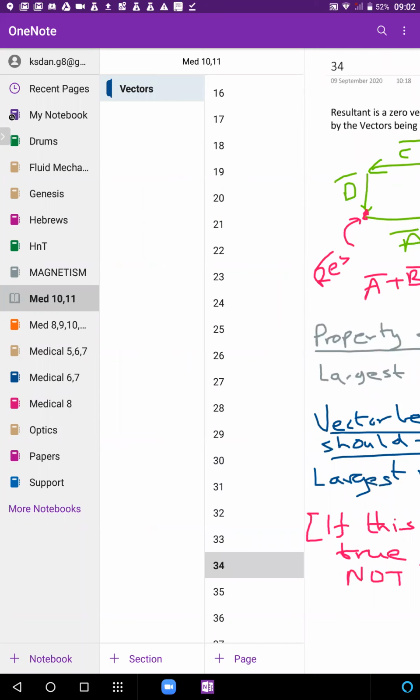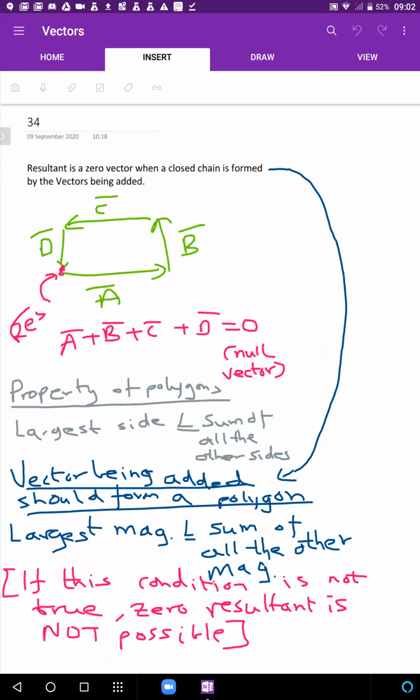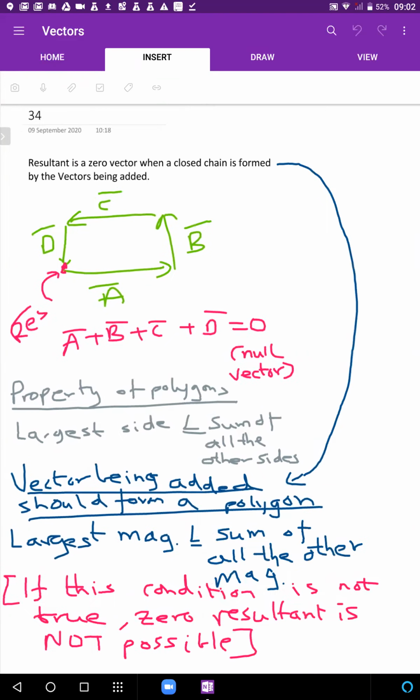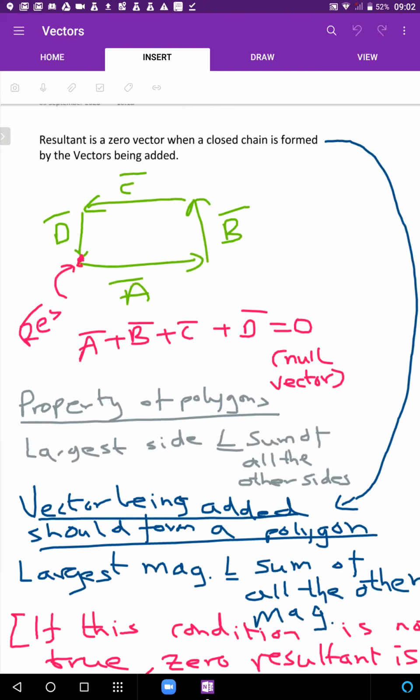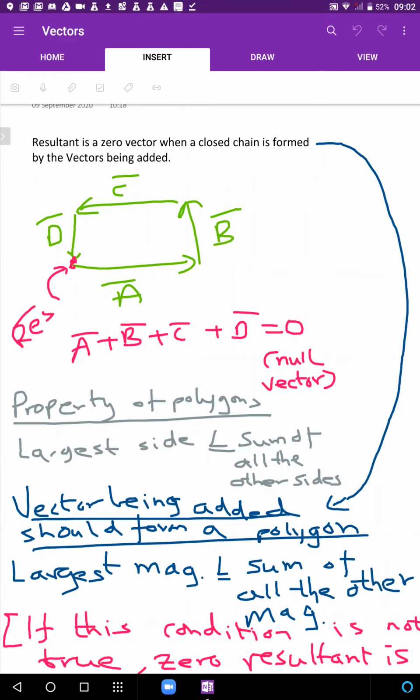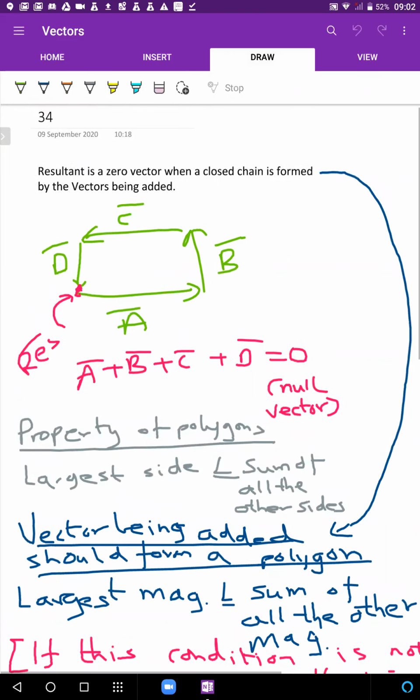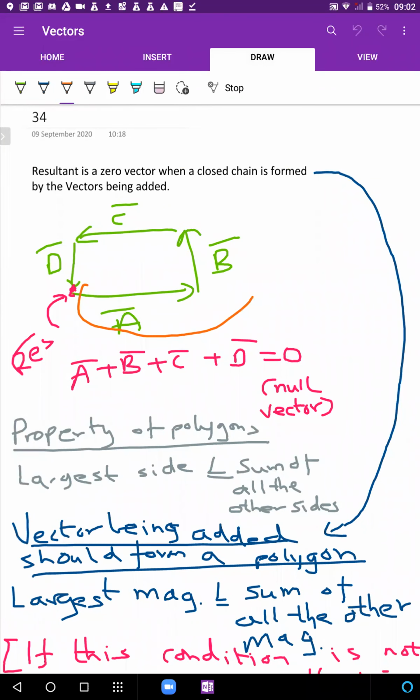All right. Now coming to this, so I hope you guys were done with that. So now, resultant is a zero vector, as I mentioned, when a closed chain is formed by the vectors added. For instance, in this diagram, while adding A, B, C, and D, look at this, सब सेम सेंस में, सब एक के बाद एक चेन की तरह जा रहा है. तो A, B, C and D को ऐड करते करते अगर मुझे एक क्लोज्ड चेन मिल गया, मतलब मुझे इनका रिजल्टेंट ड्रॉ करने के लिए जगह ही नहीं है.